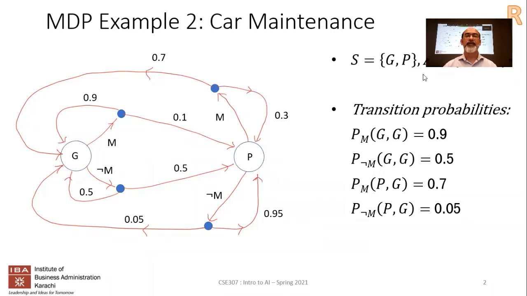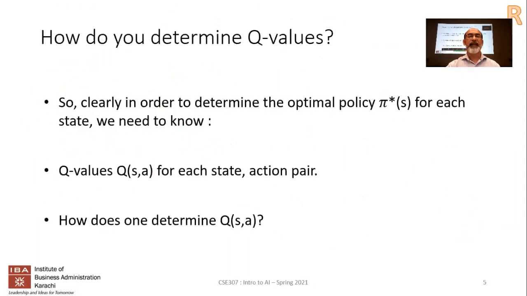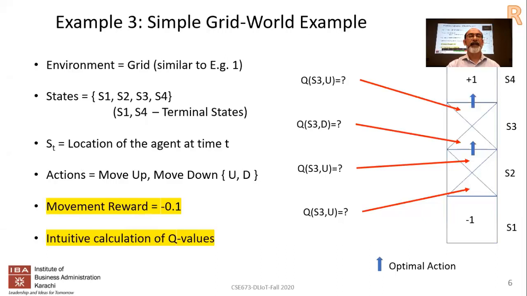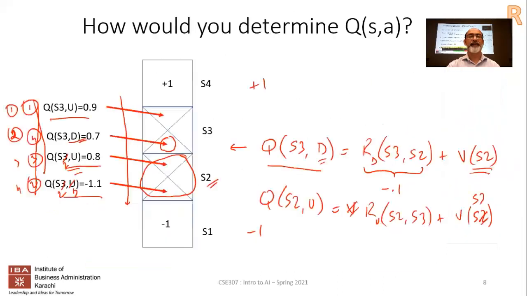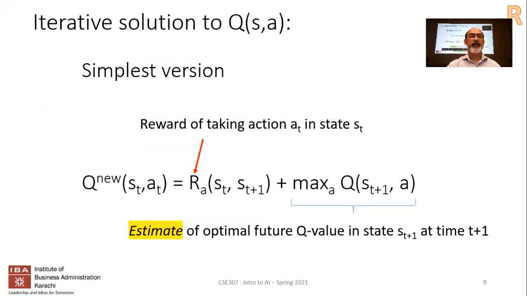We were speaking about the MDPs using the car maintenance example. And then we looked at how to determine Q values under specific examples, such as the grid world.